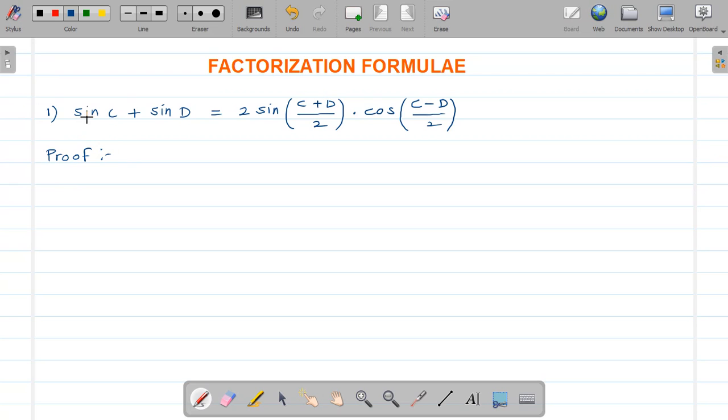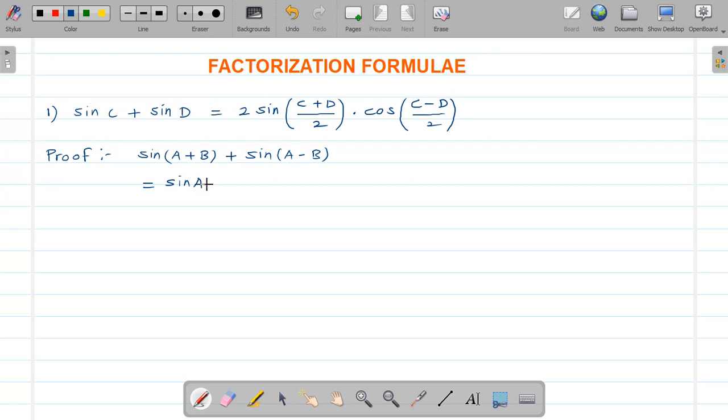Now if you want sin C plus sin D, then we know the formula of sin (A plus B), and if we add the formula of sin (A minus B) to it, then what will you get? See, sin (A plus B) means what?